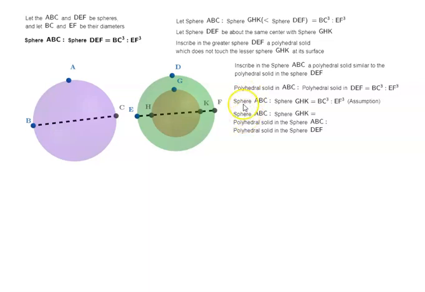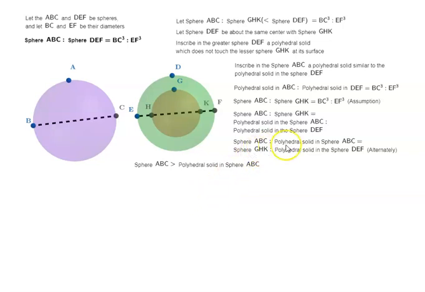So that means sphere ABC is to sphere GHK as polyhedral solid in ABC is to polyhedral solid in DEF. Sphere ABC is to polyhedral solid in the sphere ABC as sphere GHK is to polyhedral solid in DEF. Basically, we are looking at it alternately.